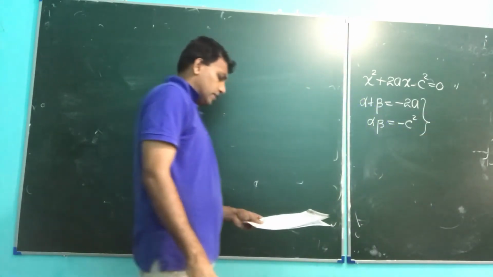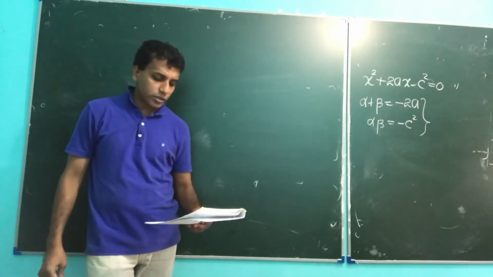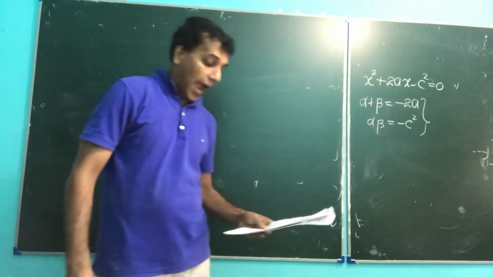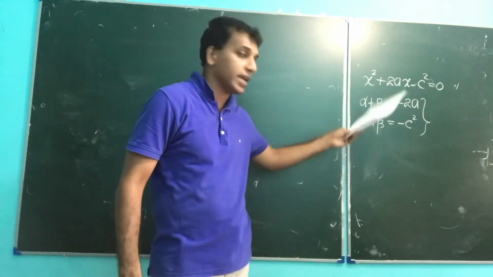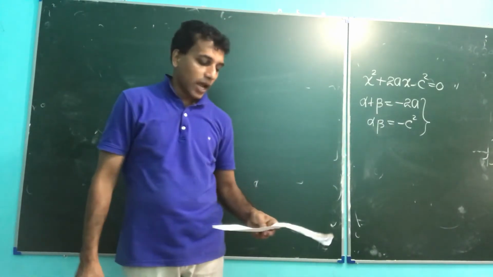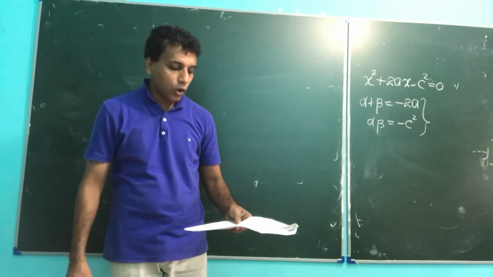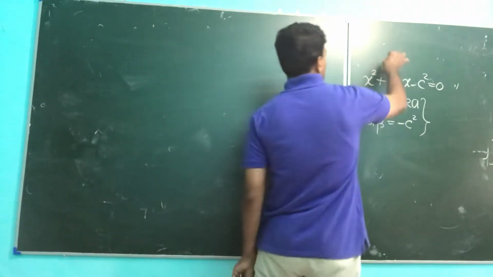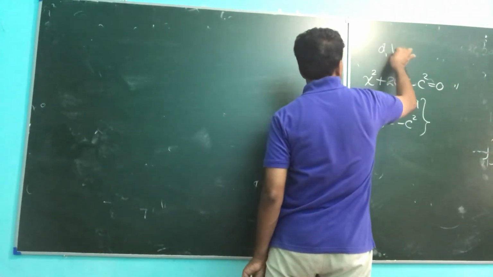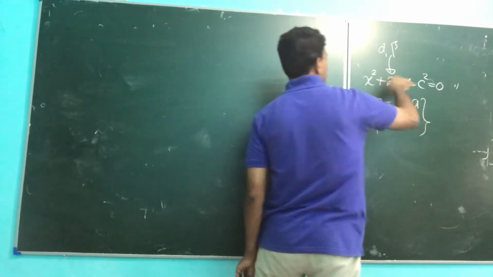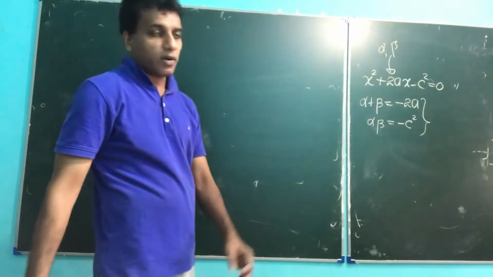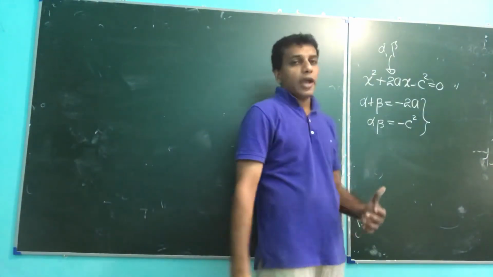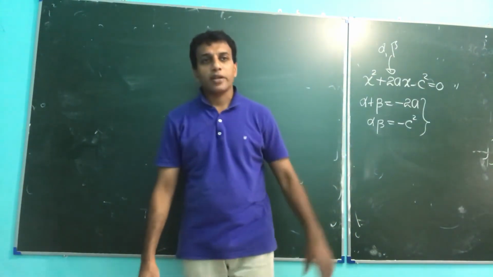Question number 7. Write down the sum and the product of the roots of that equation. Then next they ask, hence obtain the quadratic equation whose roots are the reciprocals of the previous roots. If alpha and beta are the solutions of this equation, then they ask for 1 over alpha and 1 over beta, and to write the new equation.